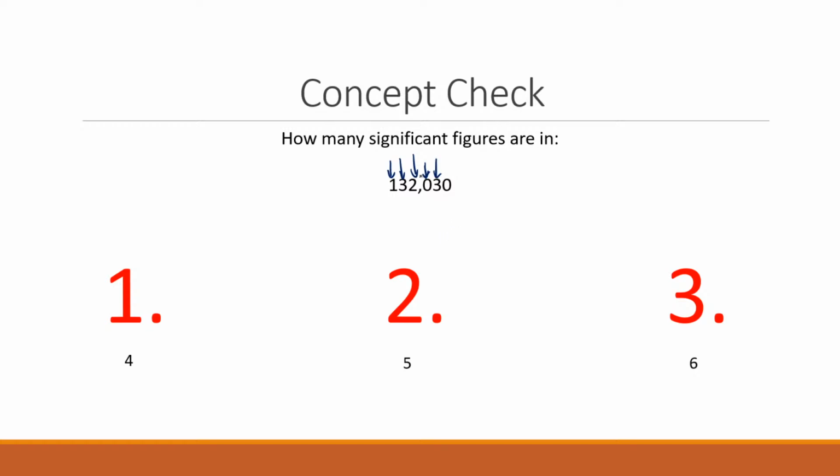So the only thing we're really questioning is this 0 at the end. This is a trailing 0, and it will only be significant if there is a decimal point at the end of the measurement, and there is no decimal point at the end of this problem, and so that means the answer here is only 5.